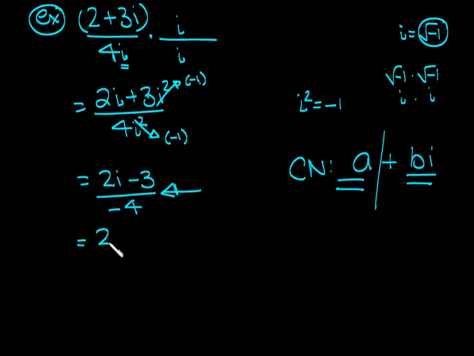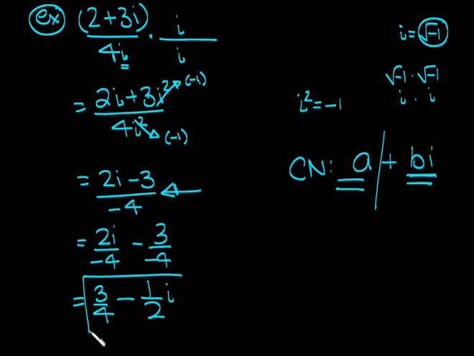So I'm going to take 2i divided by negative 4, minus 3 divided by negative 4. I'm going to write the real number first, because we always tend to write the i term at the end. That's just for looks. So we get 3/4, and 2 divided by negative 4 is minus 1/2 i. And there's your answer.